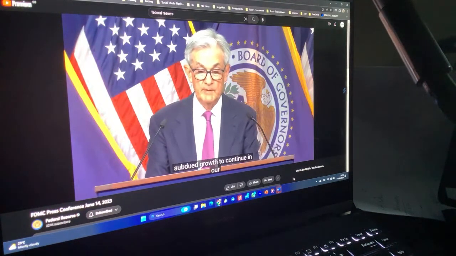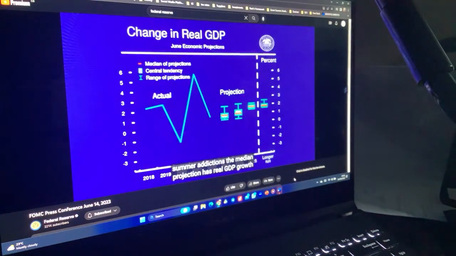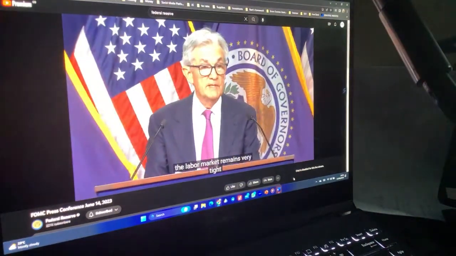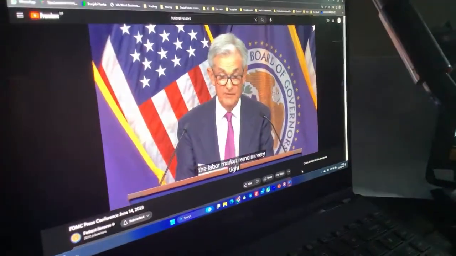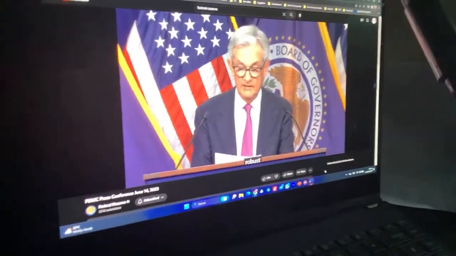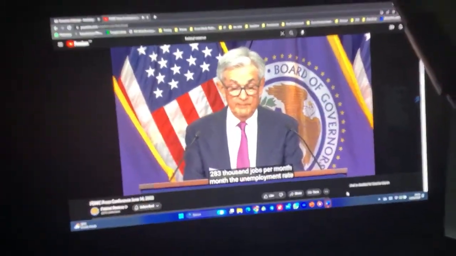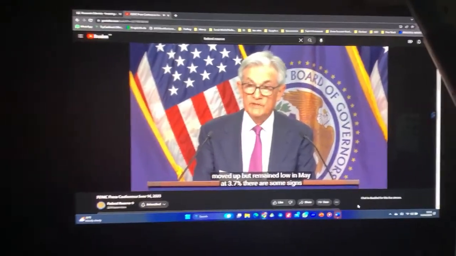In our summary of economic projections, the median projection has real GDP growth at 1.0% this year and 1.1% next year, well below the median estimate of the longer-run normal growth rate. The labor market remains very tight. Over the past 3 months, payroll job gains averaged a robust 283,000 jobs per month. The unemployment rate moved up but remained low in May at 3.7%.